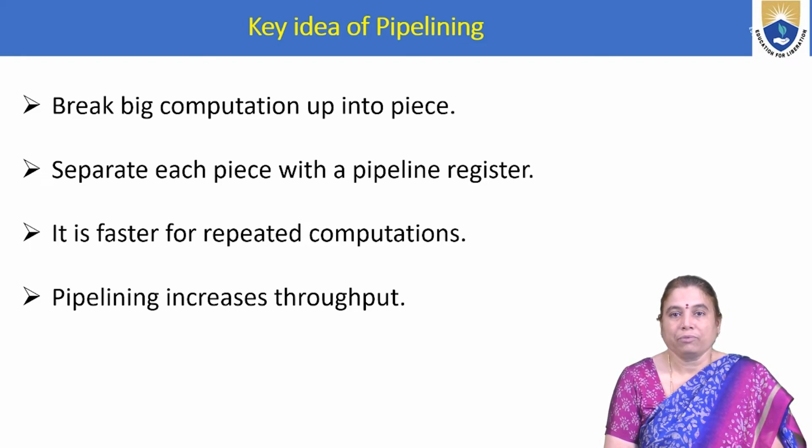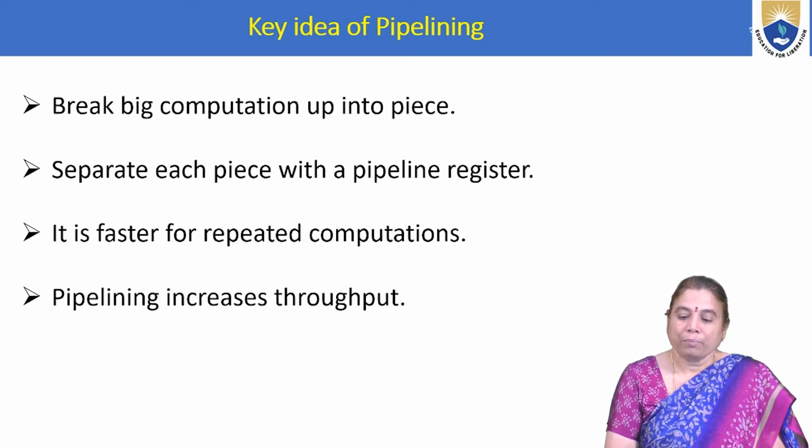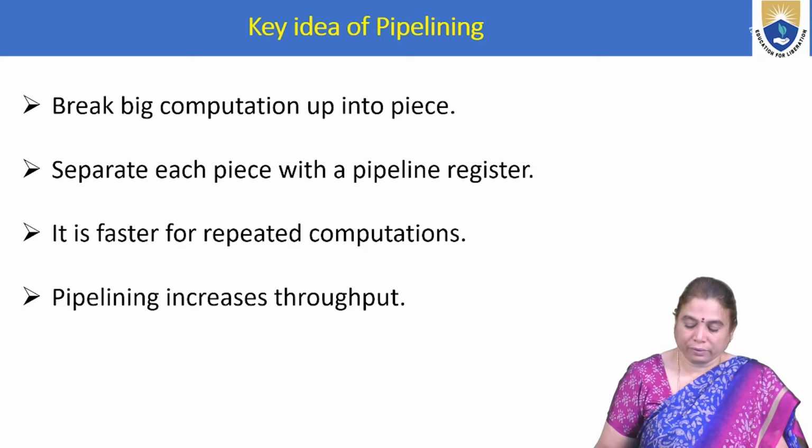The computational task can be broken into small pieces, and each piece is stored and processed with the help of the pipeline registers, and this concept can be preferred for repeated computations.